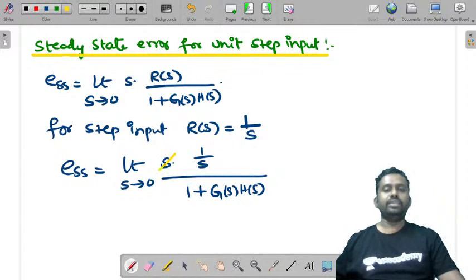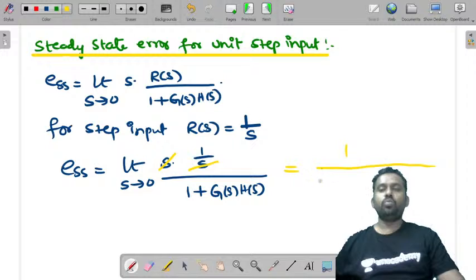Now if you see here, you can cancel these two. So if you apply the limit, you'll get 1 by 1 plus limit s tends to 0 of G of s into H of s.